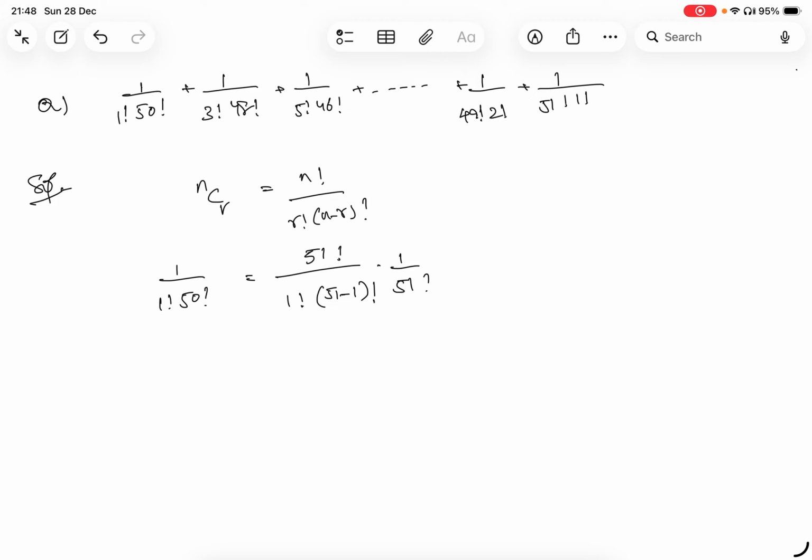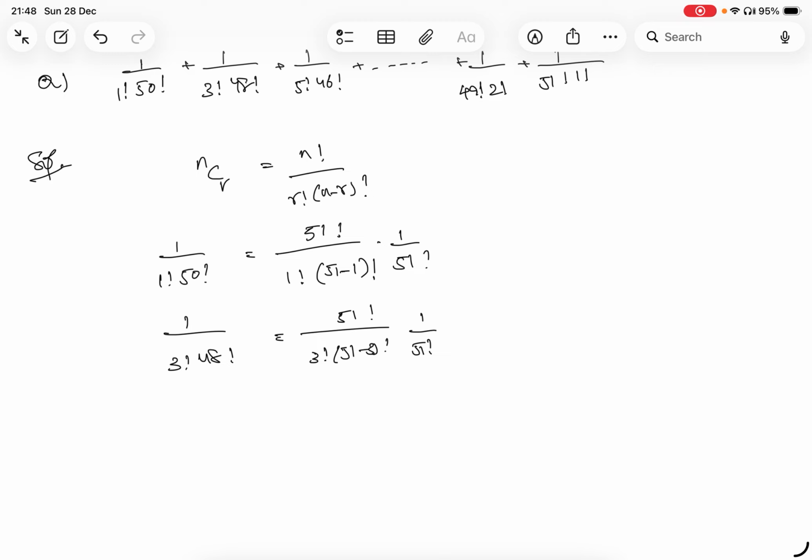Now the second term is 1 by 3 factorial into 48 factorial, which is 3 factorial into 51 minus 3 factorial. You can write it by multiplying and dividing by 51 factorial.